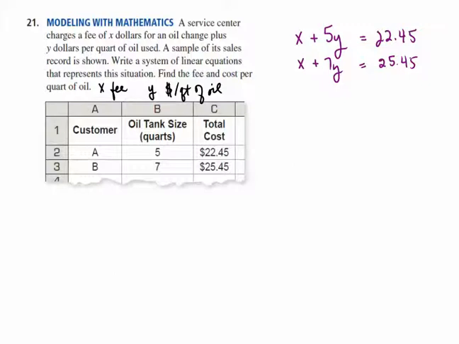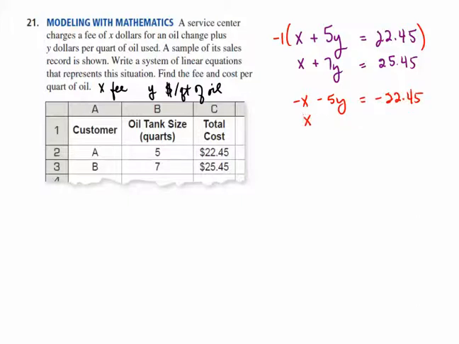$25.45. So in this particular case, we can simply multiply one of the equations by -1, and we will get a system of equations that we can use with elimination. So rewriting the first, we have -x minus 5y is equal to -22.45.